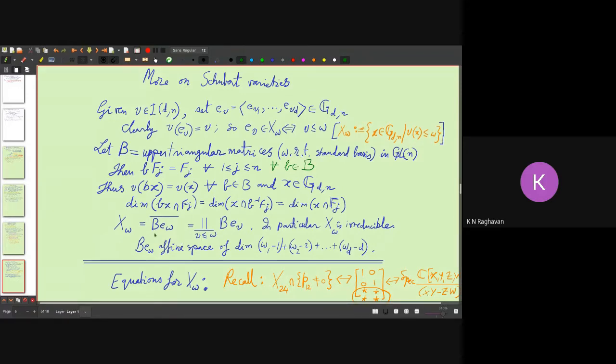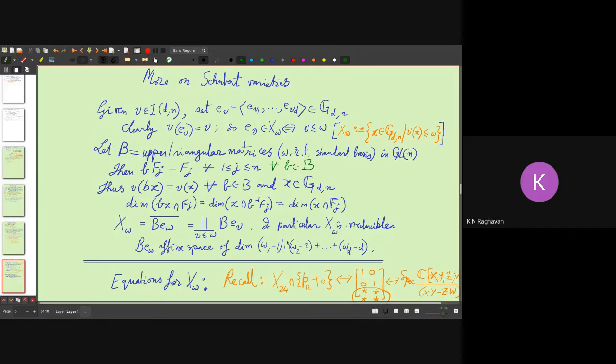So this is an irreducible variety, and its action will be some morphic action, and therefore this orbit is going to be an irreducible object, and its closure is also irreducible.